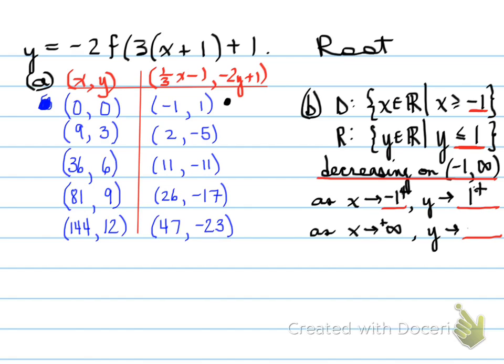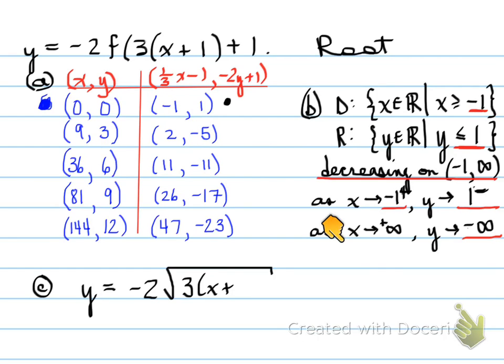Well, because there was a reflection, it's actually not going to be from the positive side, but from the negative side. So y approaches 1 from the negative side. And then as x approaches positive infinity, y approaches negative infinity.